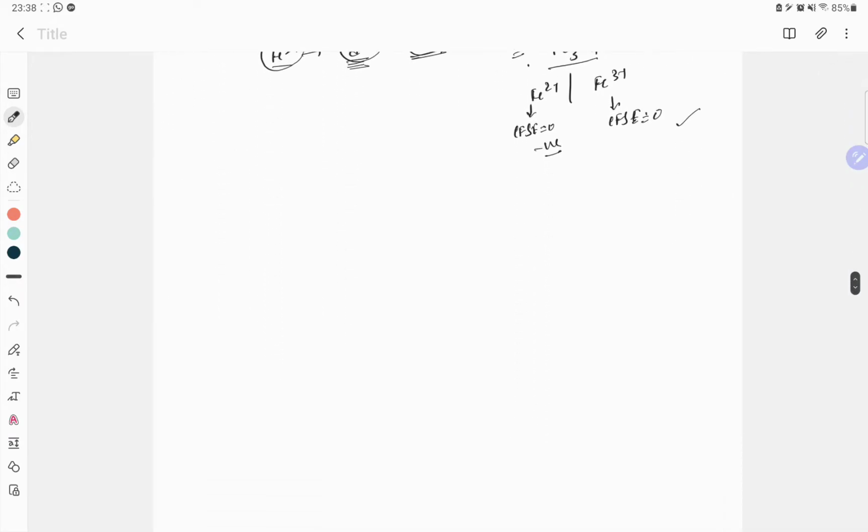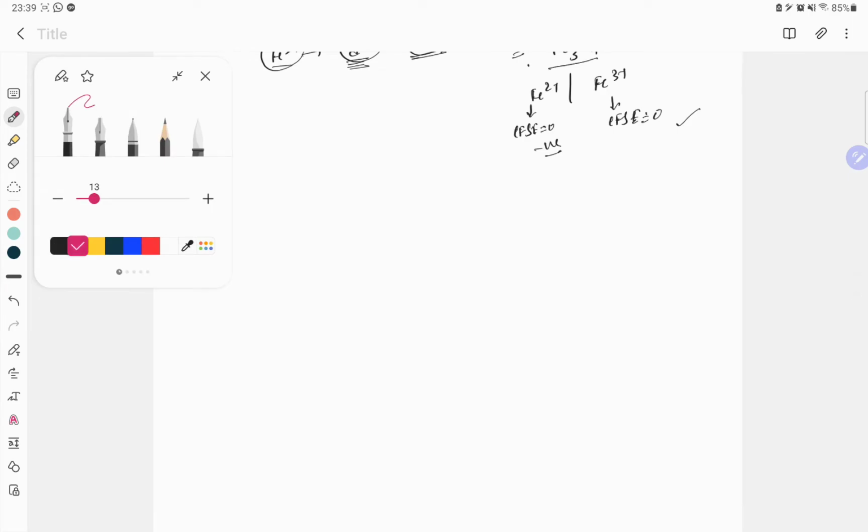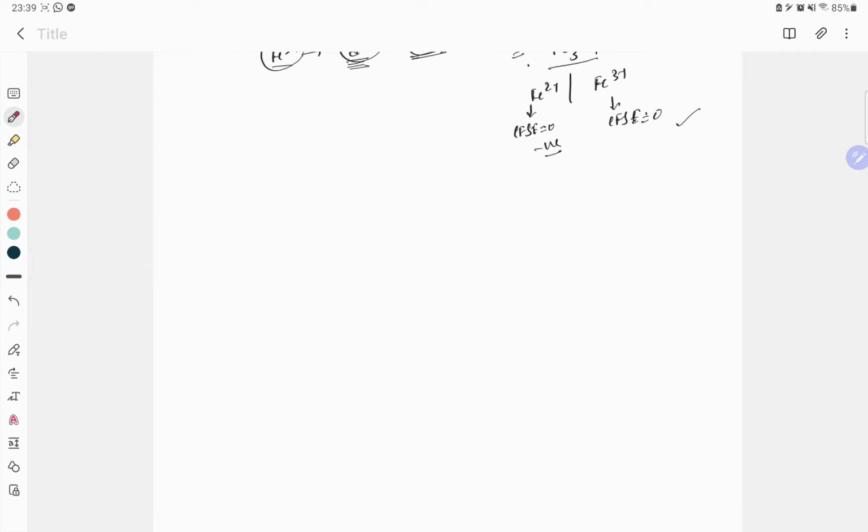Now we'll learn about another type of spinel, the mixed spinel. What is this?